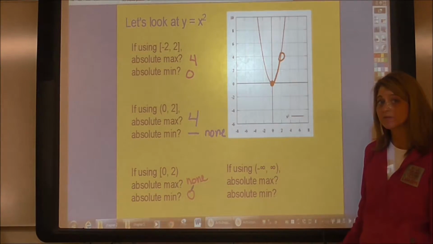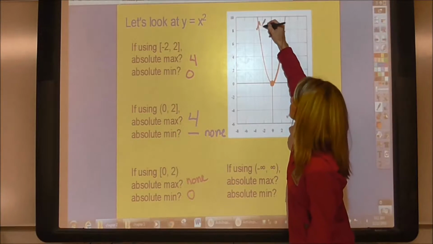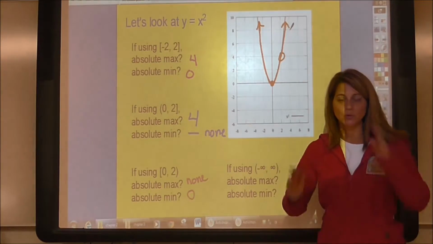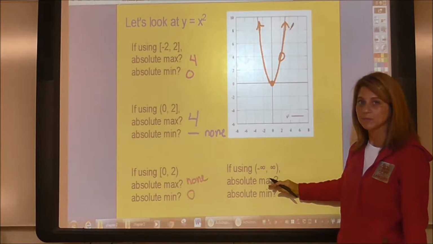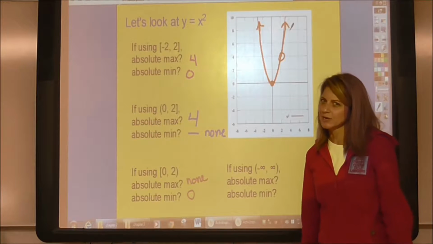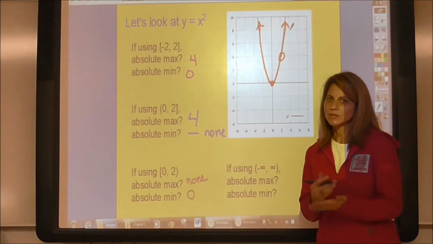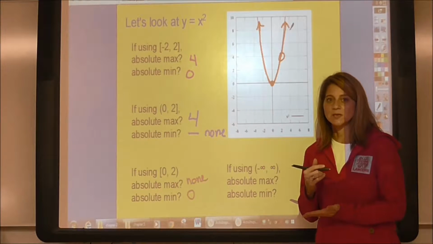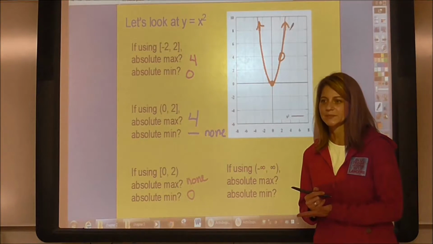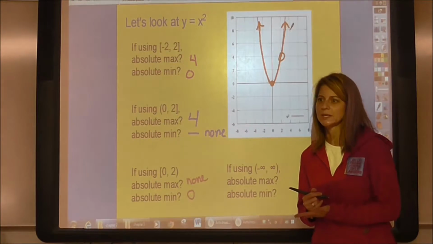Going from negative infinity to infinity, that's my entire graph. So forget about that little open circle, it's the entire graph. What's my absolute maximum? Way up there. Well, you kind of have one of two answers here. I don't really have a point, so I can say that it's infinity, or you can say that you really don't have one. Both answers are okay.